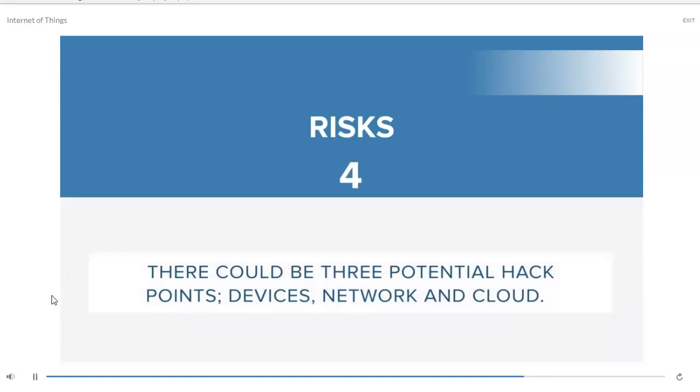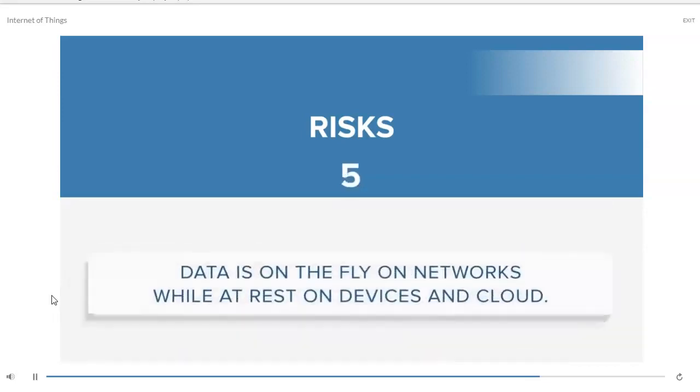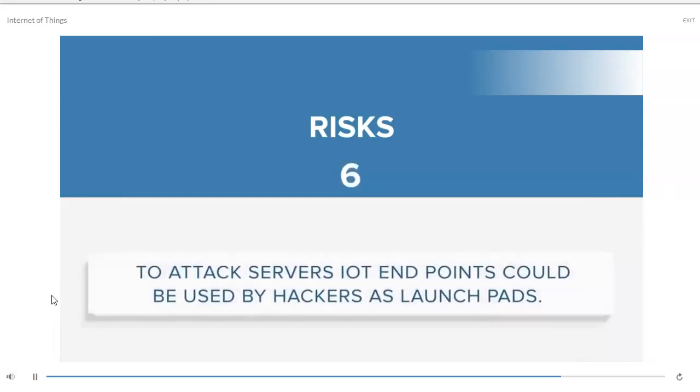There could be 3 potential hack points: devices, network, and cloud. 5. Data is on the fly on networks, while at rest on devices and cloud. 6. To attack servers, IoT endpoints could be used by hackers as launchpads.